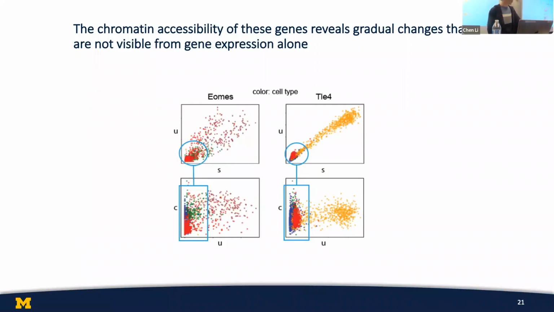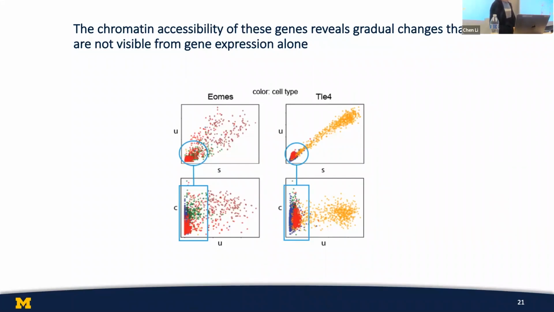In this slide, I show an intuitive benefit of including chromatin accessibility. If we plot the two marker genes for some of the cell types, UNC5C and TLE4, we see that in the phase portrait of U and S, other than the cell type that is marked, the other cell types all clump together, and we can't see the details inside those cell types.